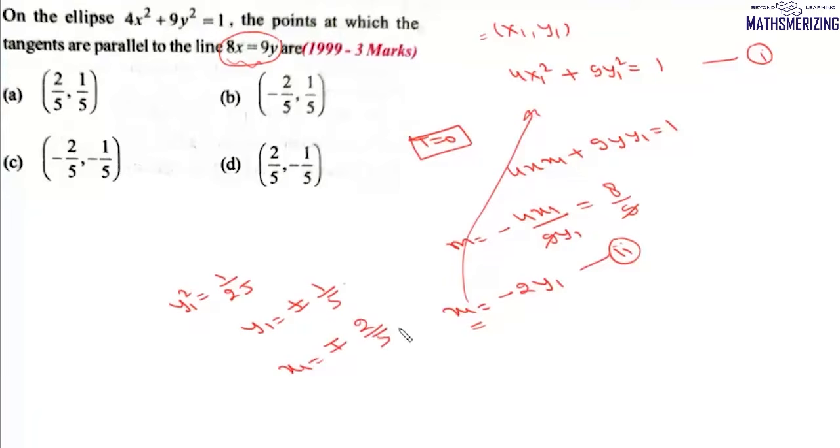So these points of contact will be (2/5, -1/5) or (-2/5, 1/5). So the answer to this question is option number B and option number D.